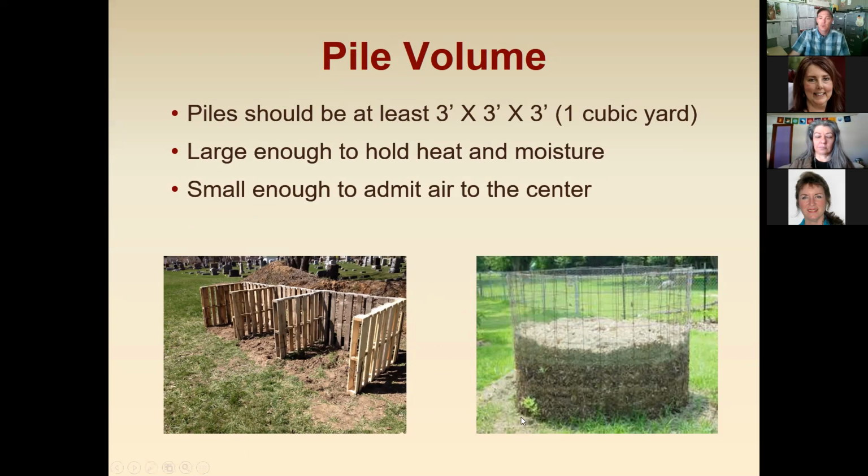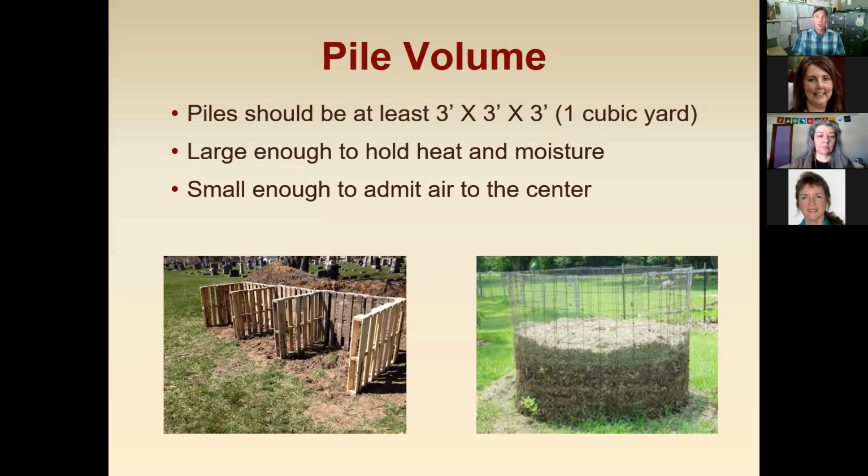So right here, in this one on the right, that's a really good size bin. But what you can do to improve that, if you're not going to be turning it all the time, is put something in the middle, like a PVC pipe, where you can get some air to it. Now, on the upper end, you can get away with probably a 5x5x5 size compost pile.